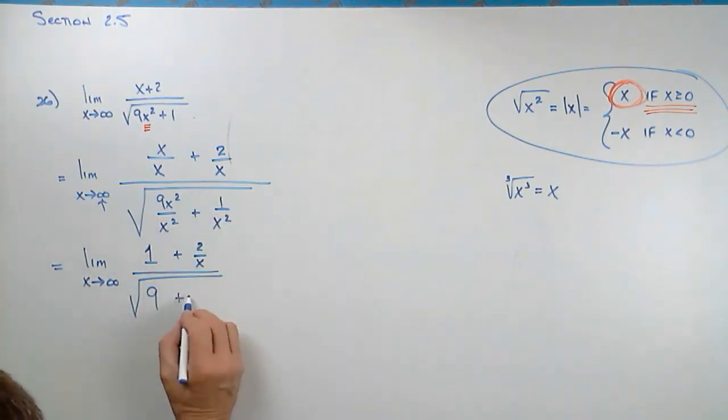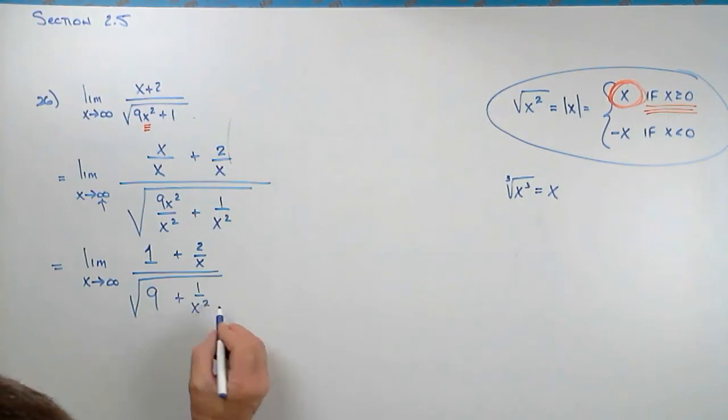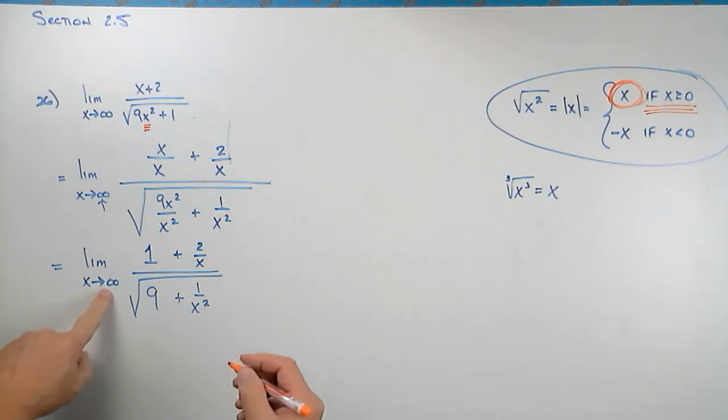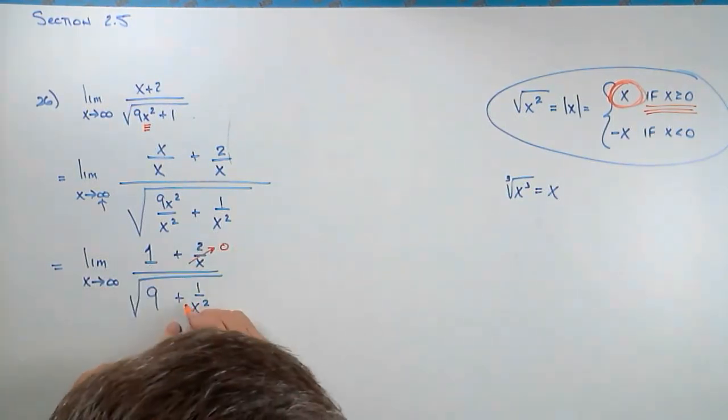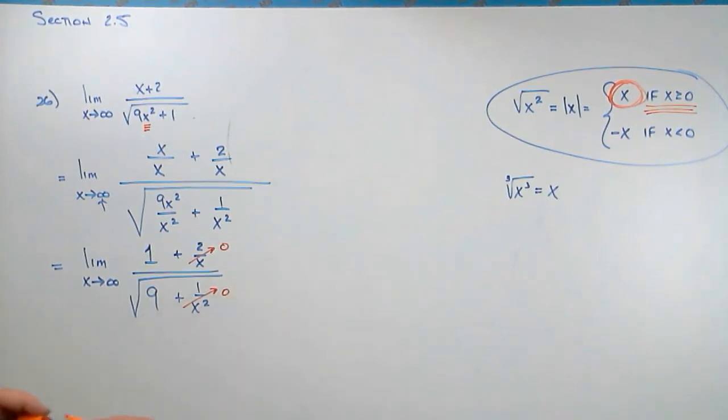Here we get 1 over x squared. Now we use our dominating function idea again. As x grows without bound, 2 divided by x goes to 0. 1 divided by x squared goes to 0. And we're left with the limit of a constant divided by a constant. Don't forget to take the square root here. And so we get 1 over 3.